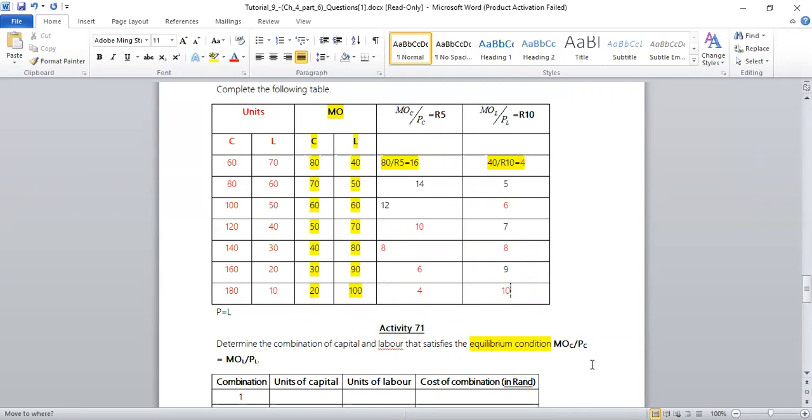So here, when they say marginal output of capital divided by the price of capital, they get a certain variable. And here they say marginal output of labor and price of labor. They will get a certain cost or variable. But here we are based on marginal cost. So this 16 is a cost of producing an additional unit, because now here we are on marginal. Remember, the term marginal refers to the additional.